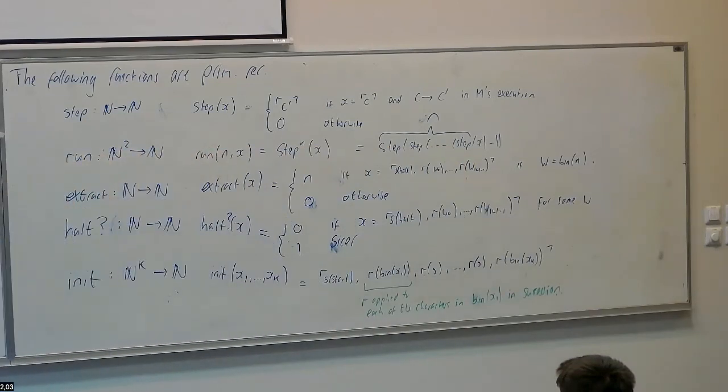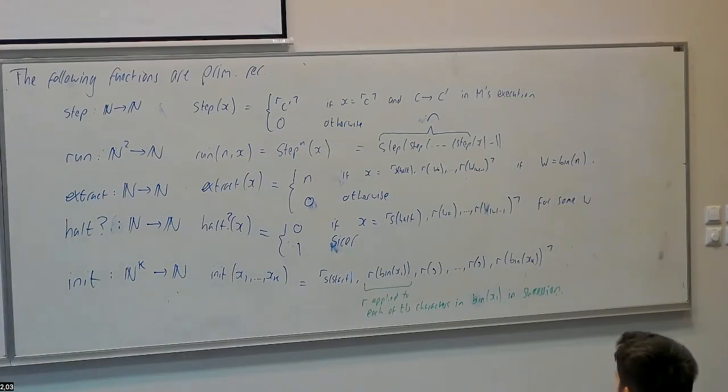And finally, with 2 minutes to go, we have the coup de grâce, I suppose. That's appropriate to say. Anyway, the culmination of the proof. So all these functions over there, they were primitive recursive.